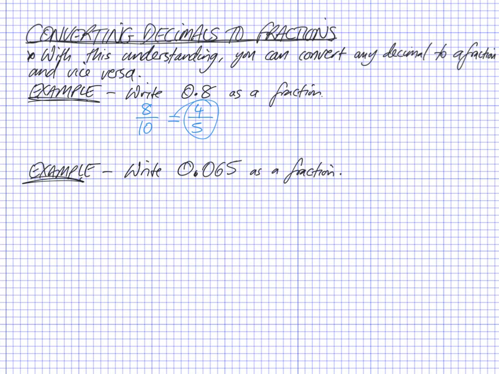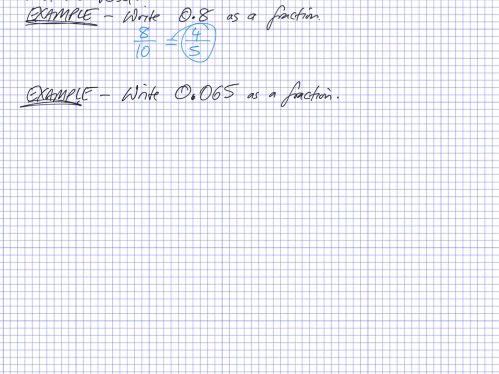Okay? And next, or the last example we'll do is 0.065 as a fraction. So we've got no tenths, we've got 6 hundredths, plus 5 thousandths.